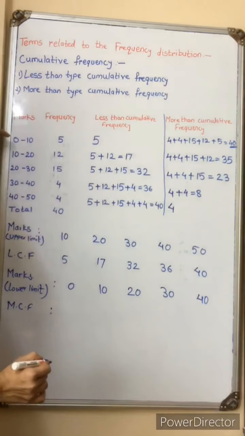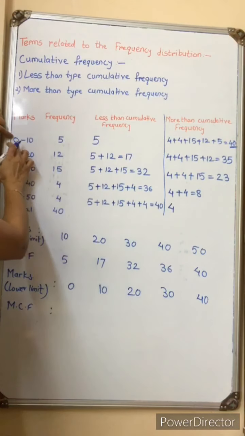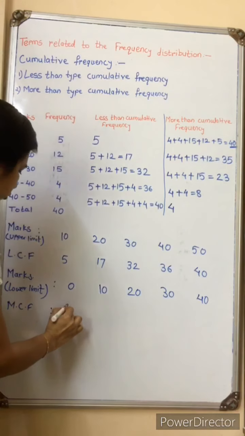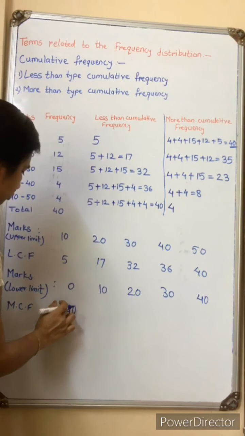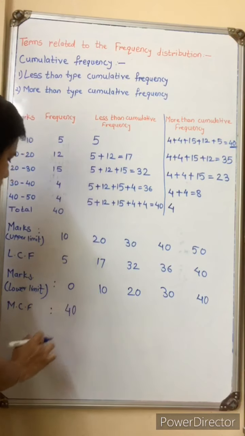More than 0 marks, what is the meaning? All 40 students get more than 0 marks.